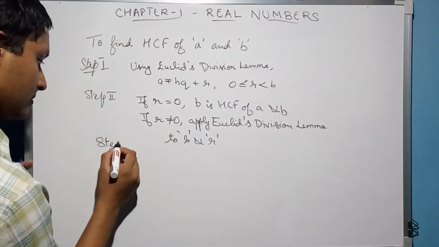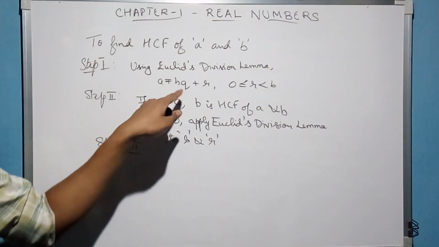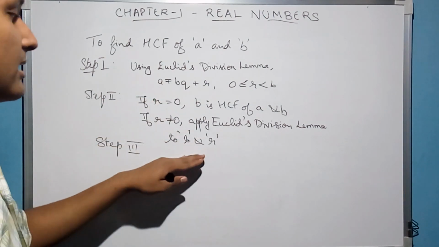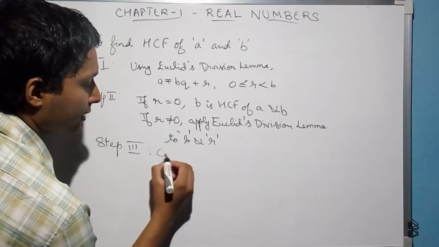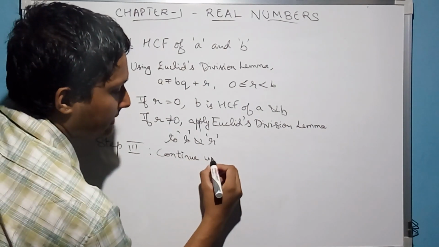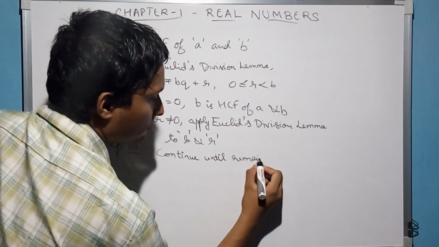In step 3, now you are finding again some q and r in this case. You need to continue that process again and again, continue until the remainder is 0.